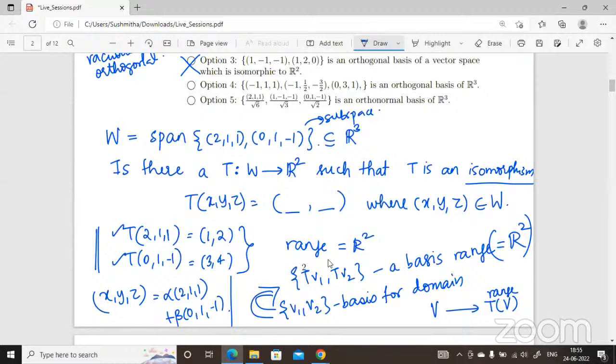Let's say for the vector space R2, we can have the basis as (0,1), (1,0), (1,1). Is this a basis for R2? Yes, it is one of the possible bases.